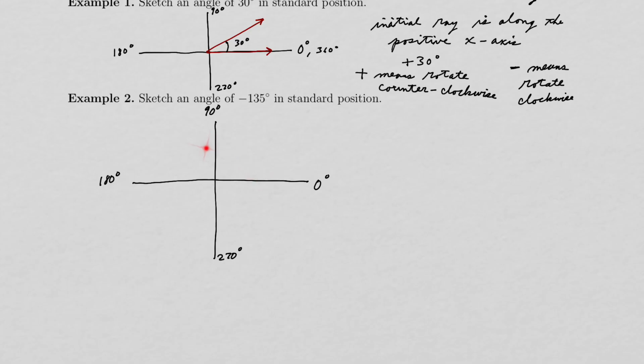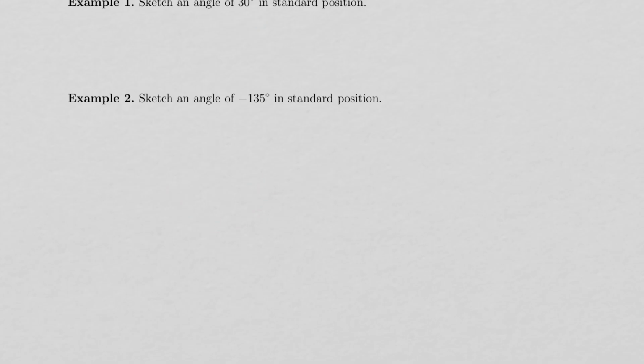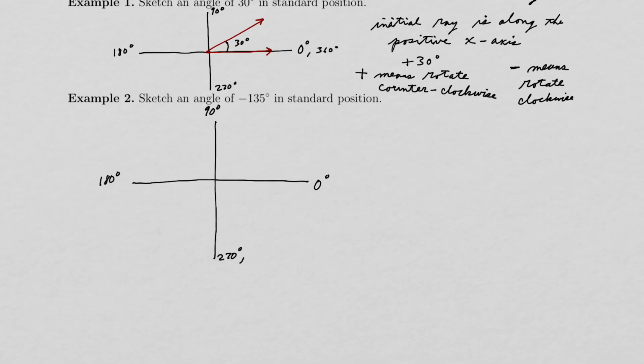So 0, 90 degrees, 180, 270, 360, and so on. If I go clockwise, then this is still 0, but this now would be negative 90 degrees. This would be negative 180. This would be negative 270. And then if you go all the way around, this would be negative 360. So it depends on whether you go clockwise or counterclockwise.